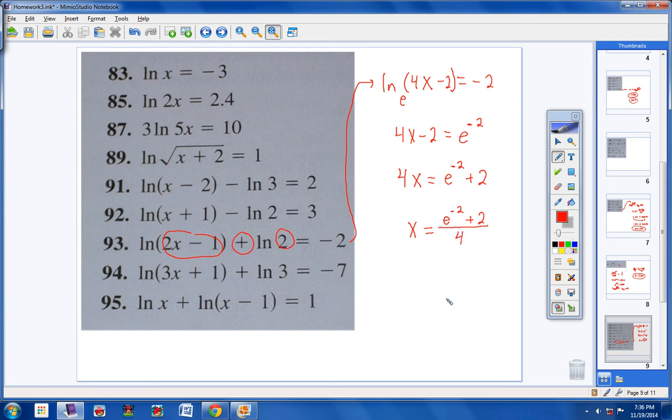So we get this. So with your calculator, if you typed in e to the negative 2 plus 2, enter, divided by 4, enter, you will get 0.534. Okay. There we go. All right, number 95.